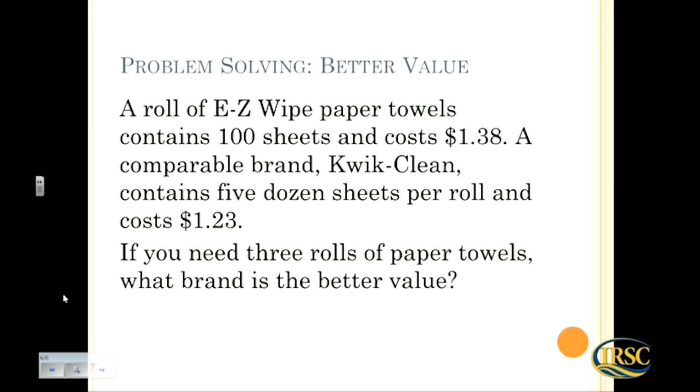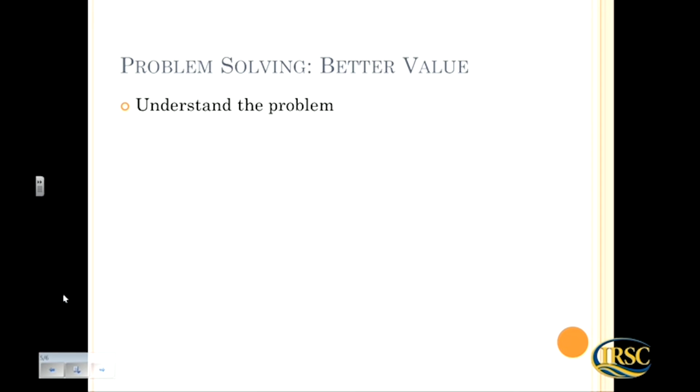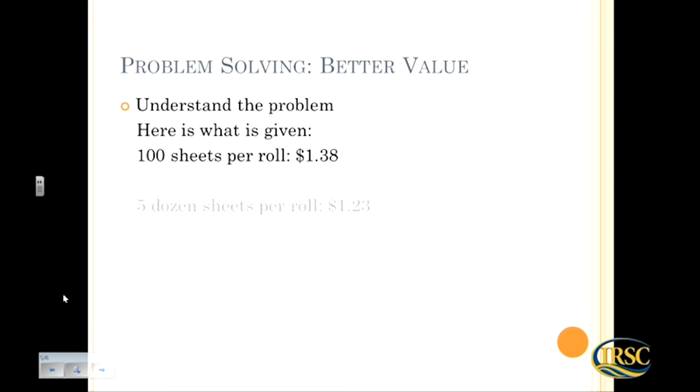So you want to take a price and compare it to the same amount per each item. You have this problem on your handout. I'm going to switch the screen, but the first thing you need to do is read the problem again and write down the key information. So we're understanding the problem. Here's what's given.